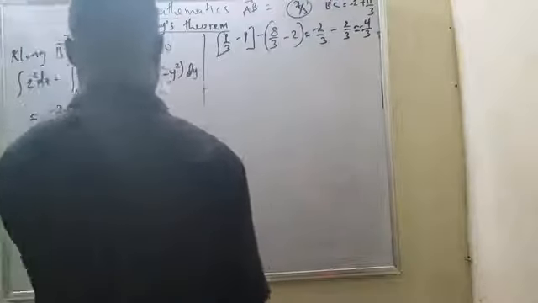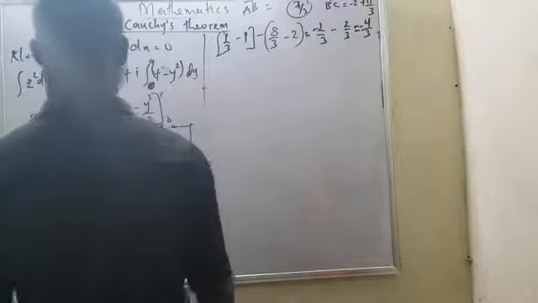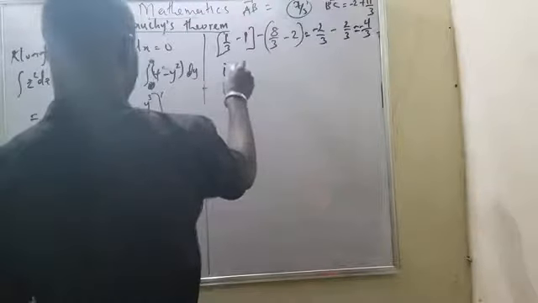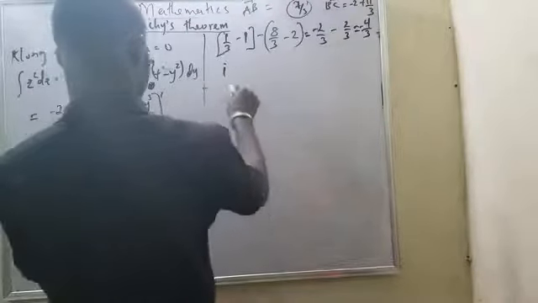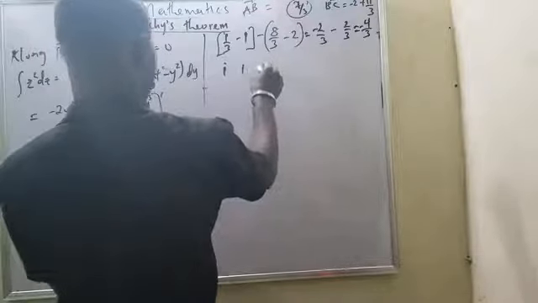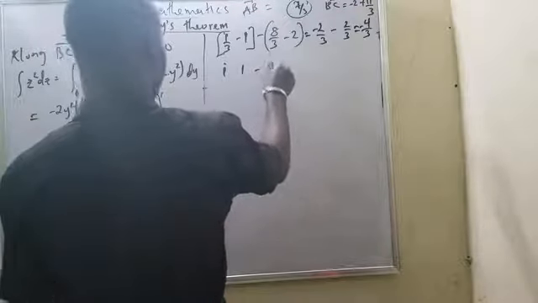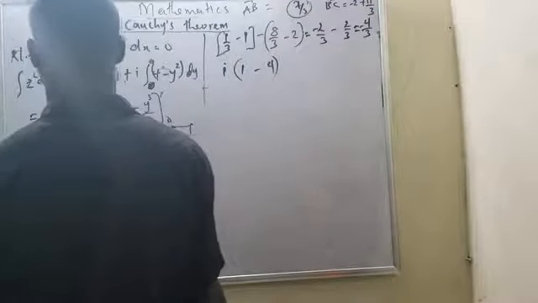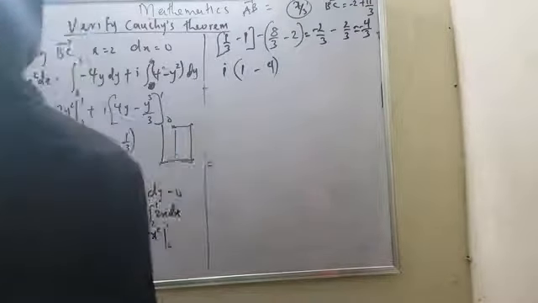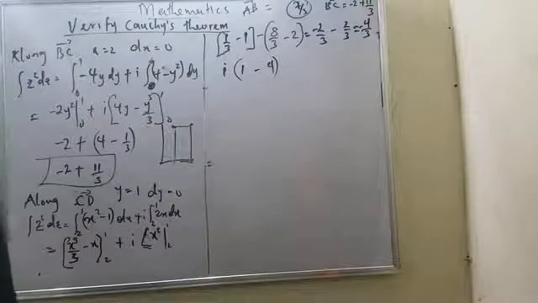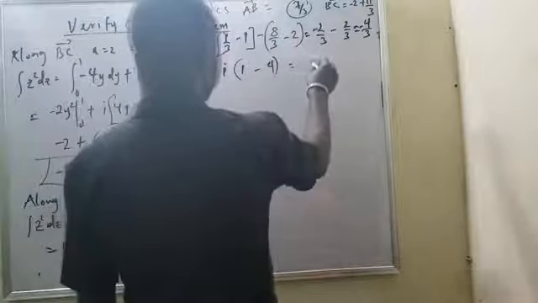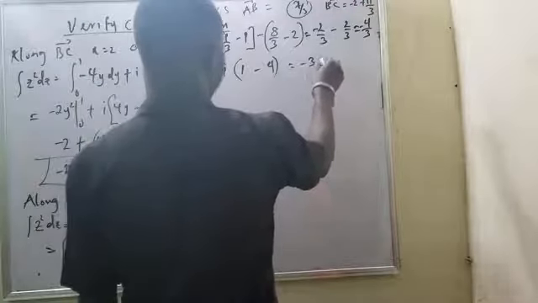I'll move on to the next one, which is i into bracket of 1 minus 4, which is going to be 3, minus 3.